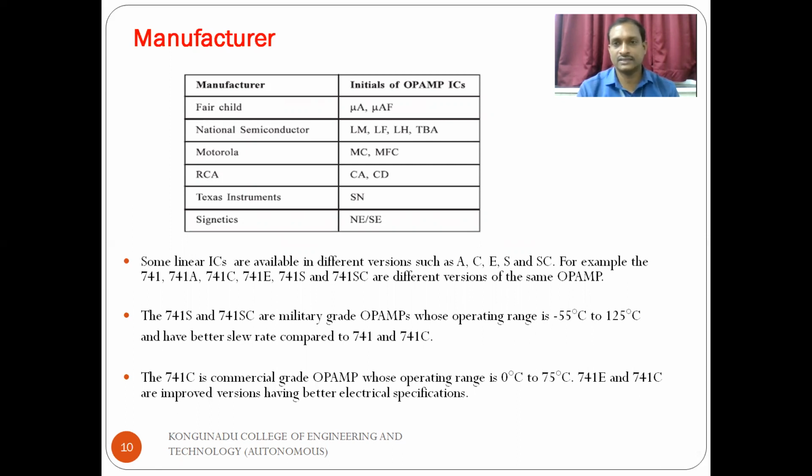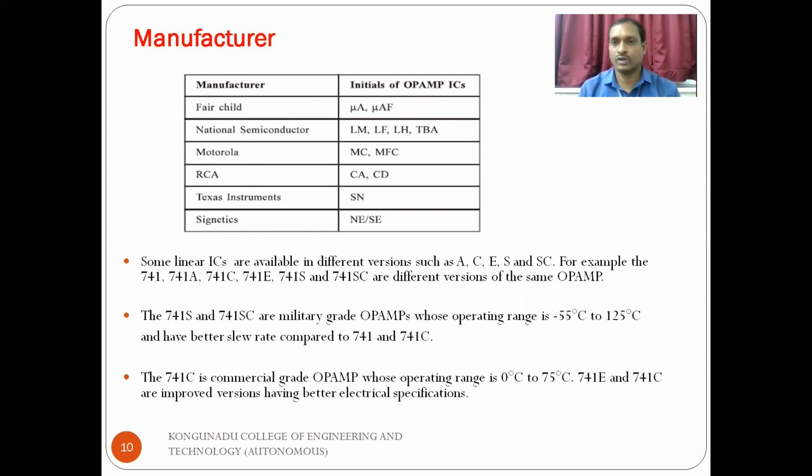Some linear ICs are available in different versions like A, C, E, S, and SC. For example, IC741 has a different series: 741A, 741C, 741E, 741S, and 741SC, which are different versions of the op-amp IC741 family. Each of them has some specific applications.